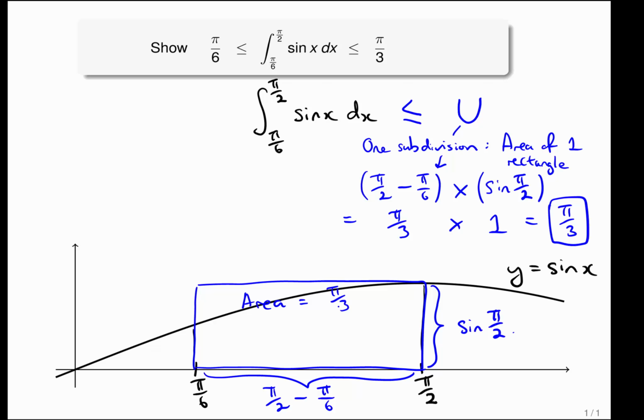Now we do something similar with the lower Riemann sum to establish the lower bound. Specifically, we know from classes that any integral is bounded below by its lower Riemann sum, which we'll call L. Once again, I'm going to choose one subdivision here, in which case the lower Riemann sum will just be the area of this rectangle.